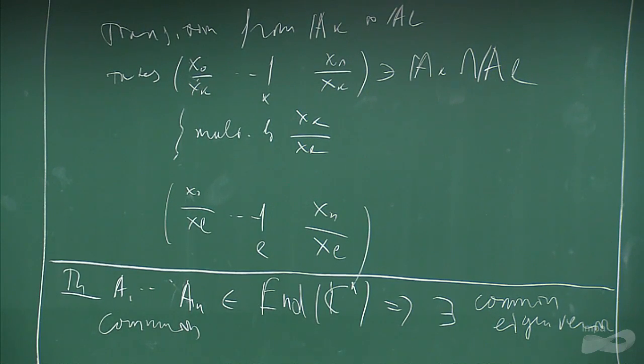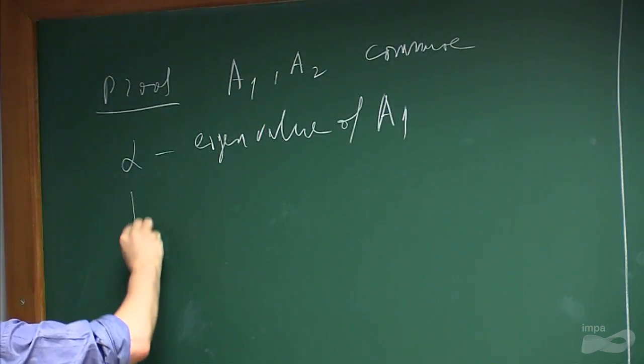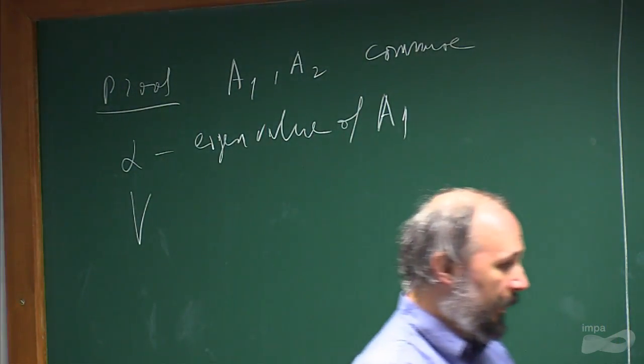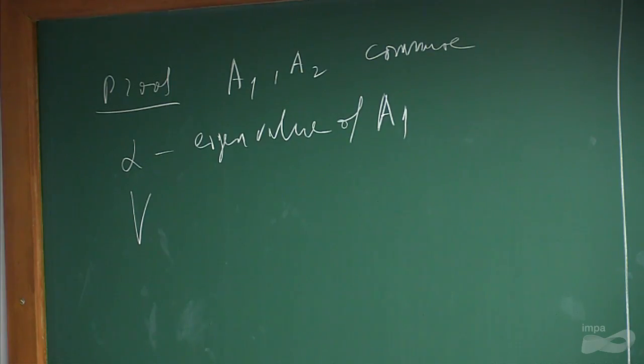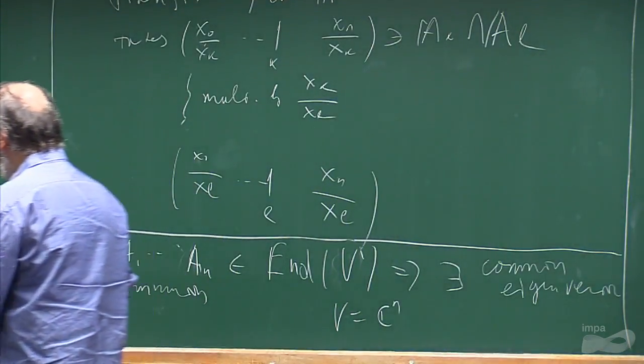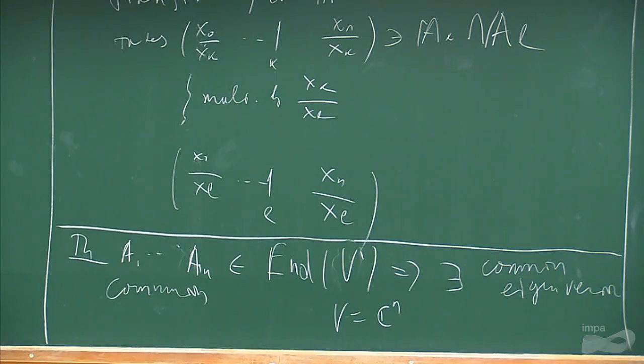Let's call alpha an eigenvalue of A1, and V is C^n. V_alpha is the eigenspace of A1 with eigenvalue alpha.